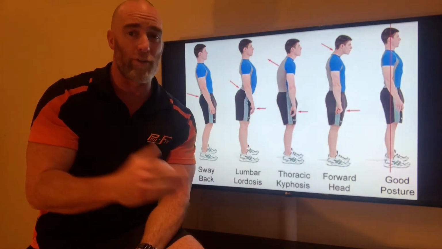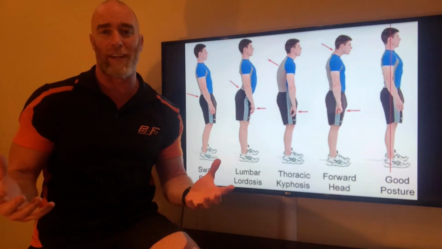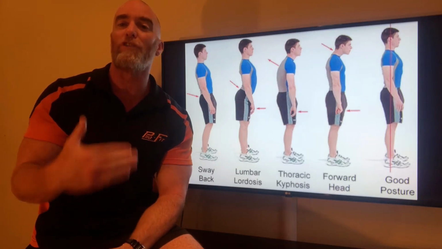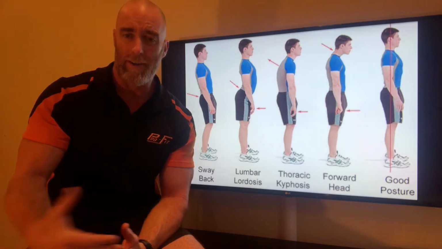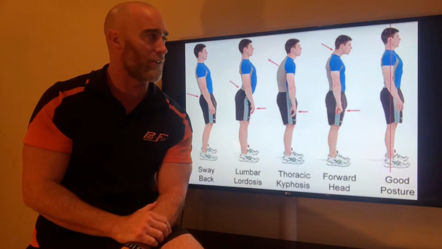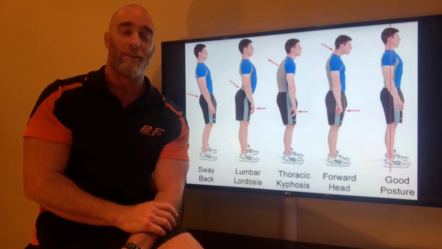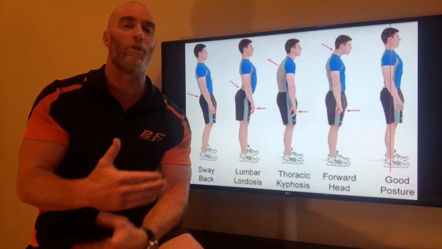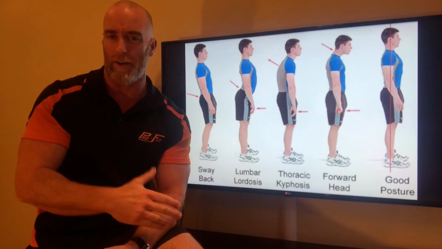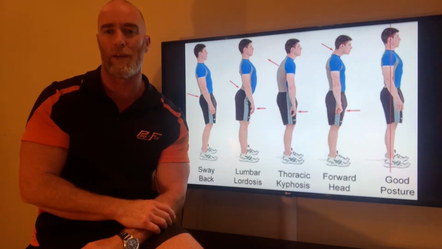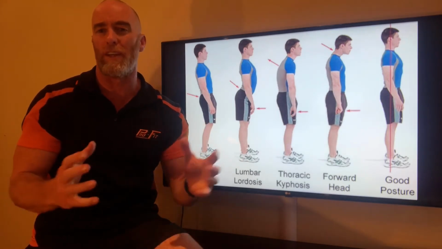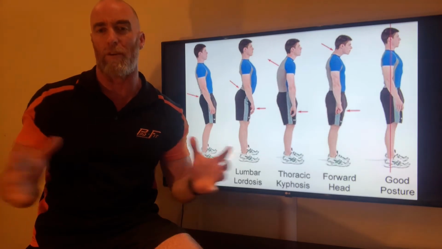We do have 3 different shaped spines that we're genetically given, so we work with what we're given, but you can't change the shape of your spine, all right. But what you can do is constructively improve the functionality, the support, the stability, and what we call proprioceptive ability through the spine, which is your spine's ability to navigate and appropriately place itself at any given point in space and environmental challenges.